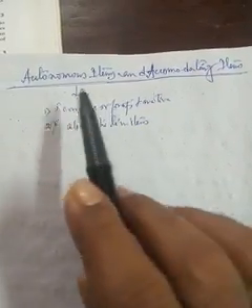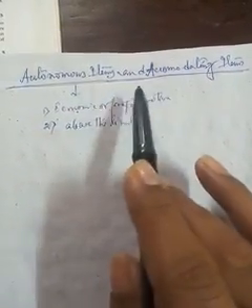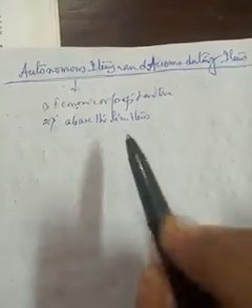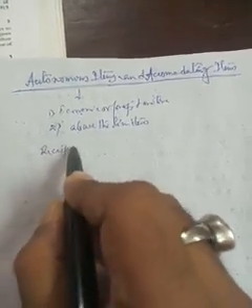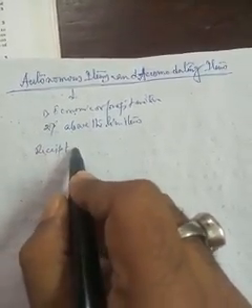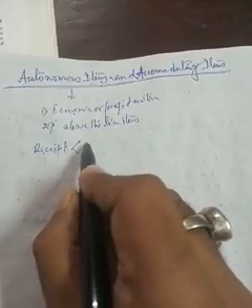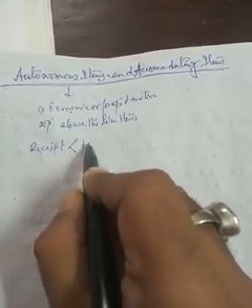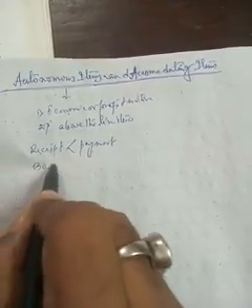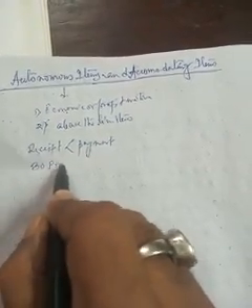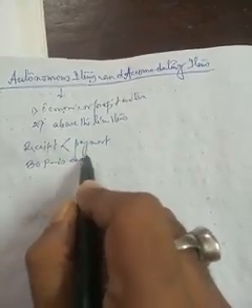In autonomous items, if autonomous receipts are less than autonomous payments, then the BOP, that means balance of payment, is in deficit.